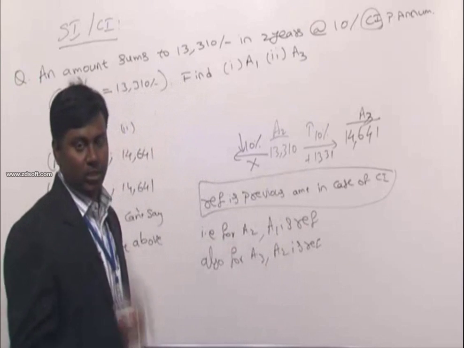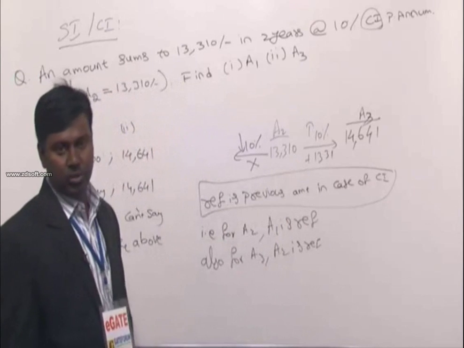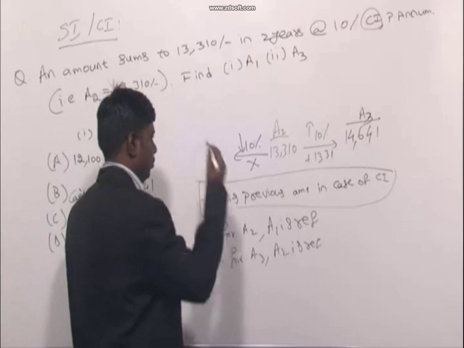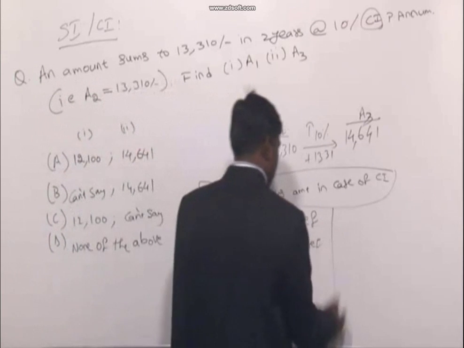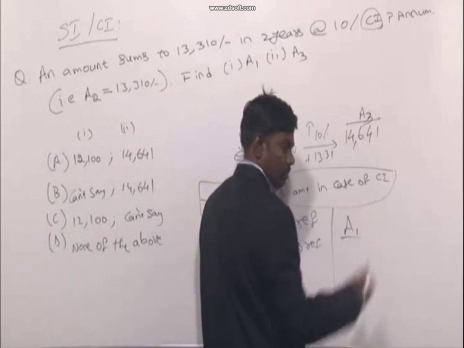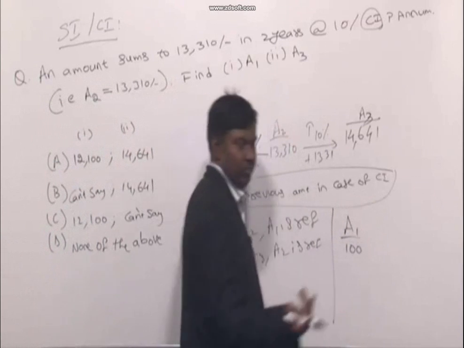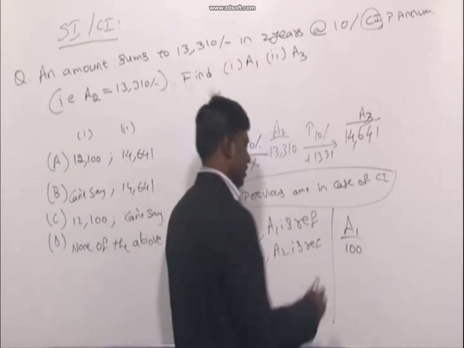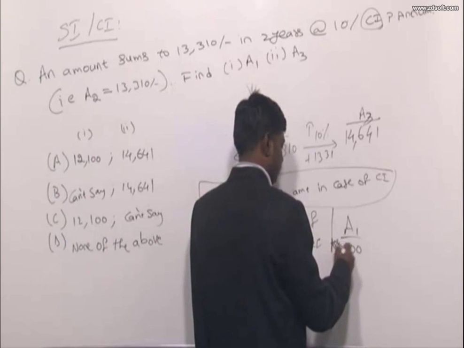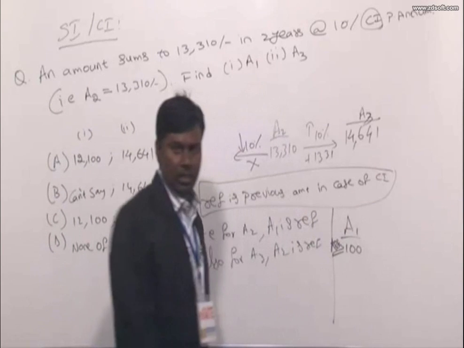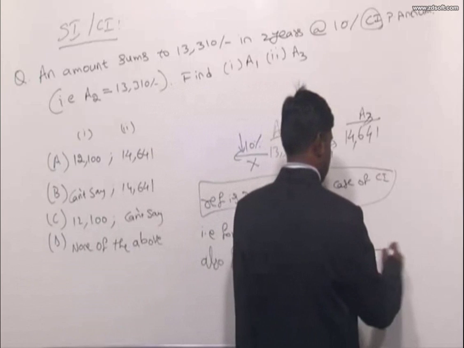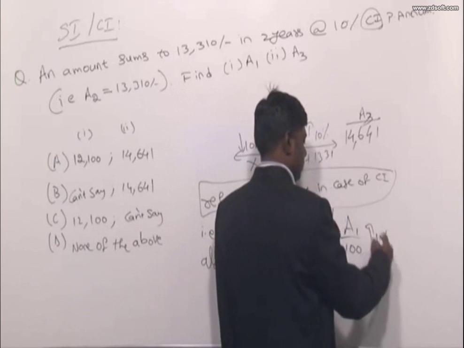This subtle logic, if you understand, simple interest and compound interest is very, very easy. So with that understanding, we don't know what A1 is. Any reference, if you take it as 100 in terms of percentage, it is very easy to solve. So if you assume A1 as 100, you increase it by 10%.